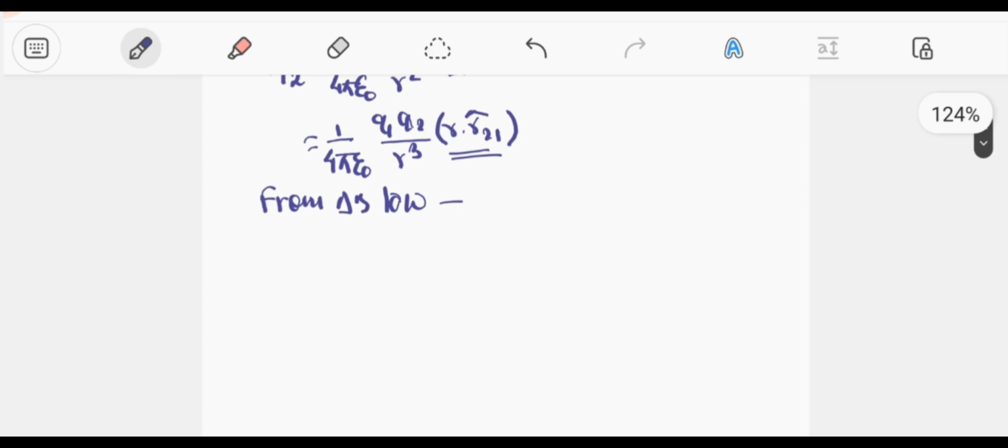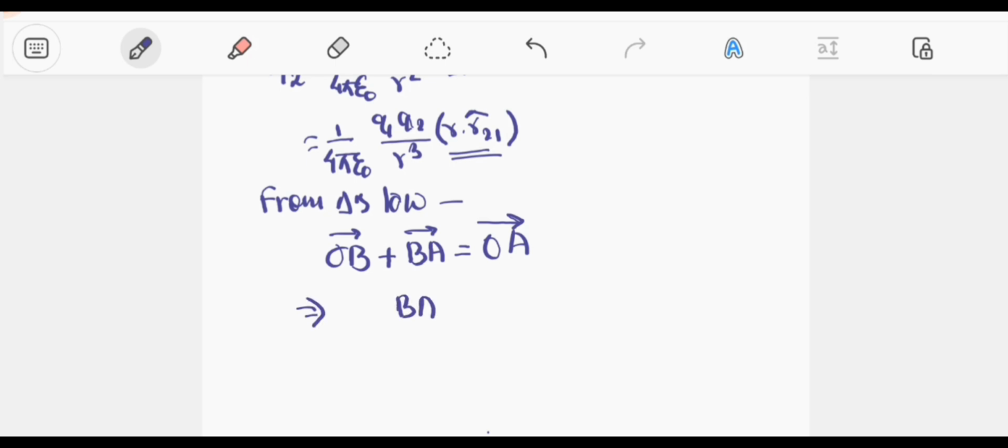So OB vector plus BA vector is equal to OA vector. Clear with this? Now, BA vector is equal to OA vector, and this plus will become minus on the RHS, OB vector.